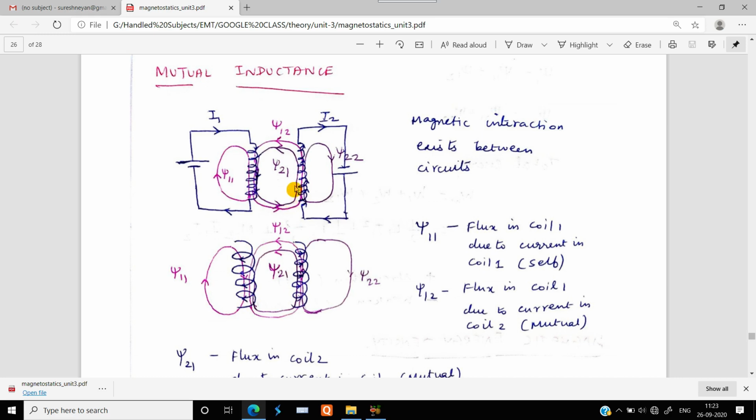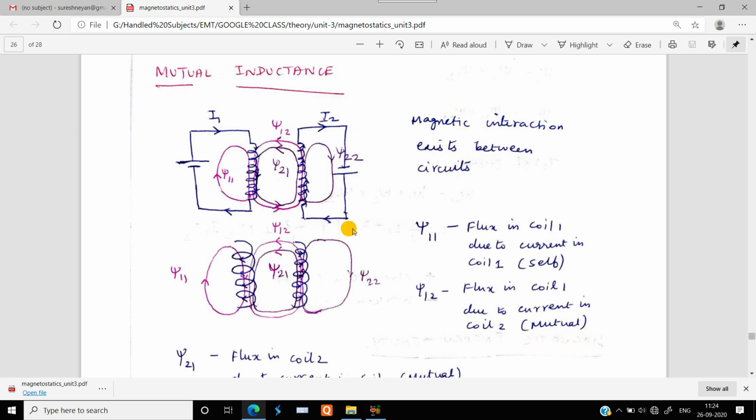Also, here you can take this particular direction. Into the coil, the current direction is going to be from left to right. If the current direction is from left to right, then if you represent that current direction with the thumb, and the other fingers represent the direction of the flux, that is going to be a clockwise direction.